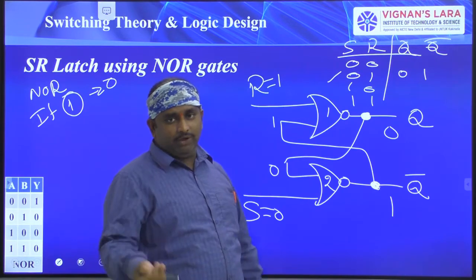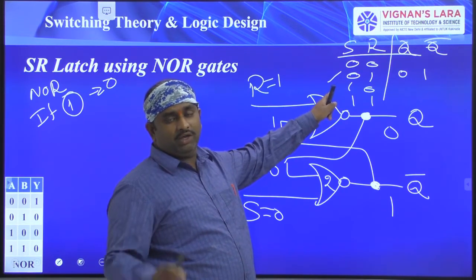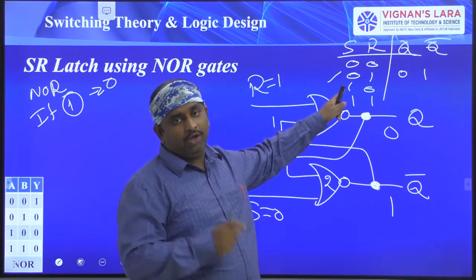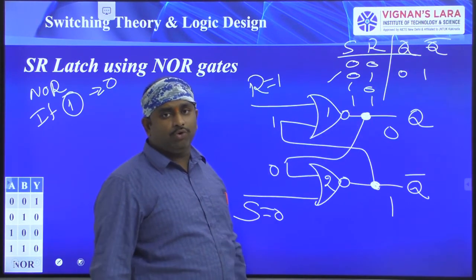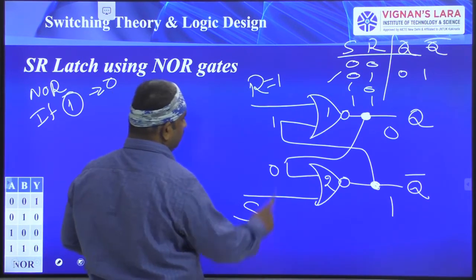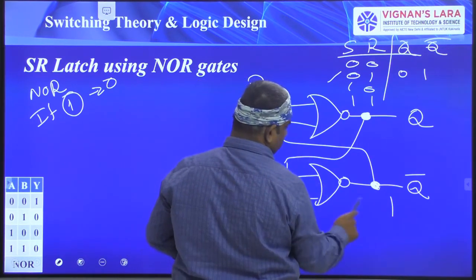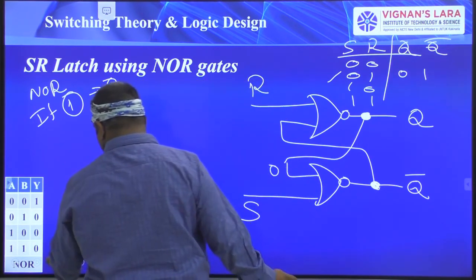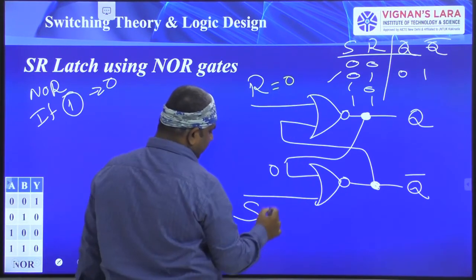Next, coming to the 1, 0 combination. 1 means you are giving the set input equal to 1. You are switching on the set button. Then automatically the output has to go to 1. That we will also see. So see here, R is equal to 0 and S is equal to 1.